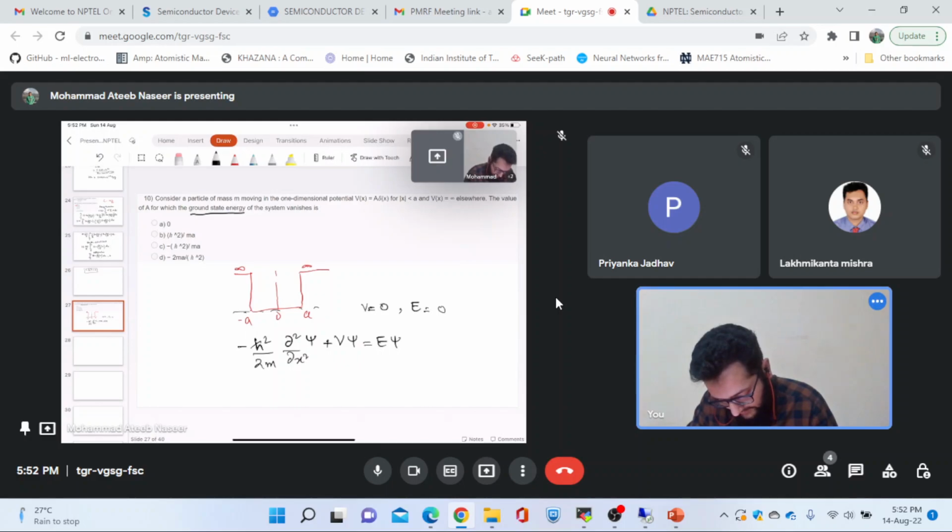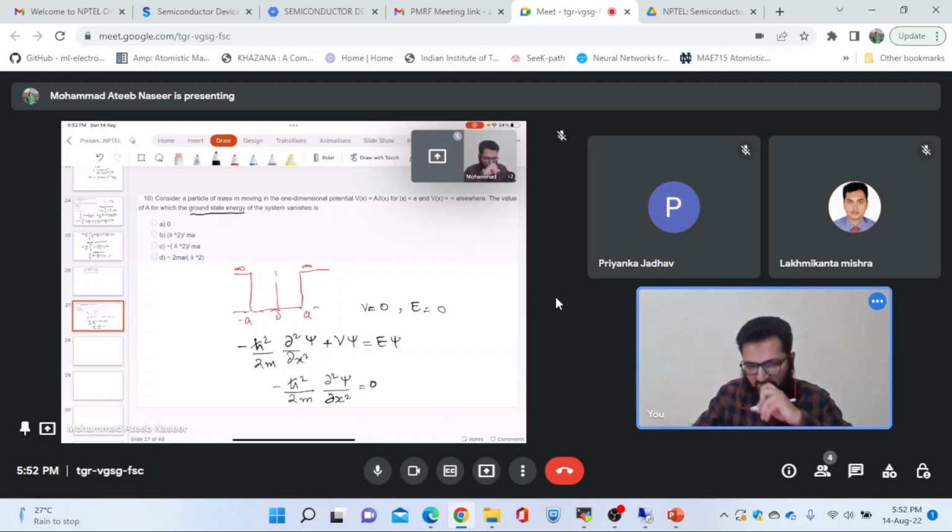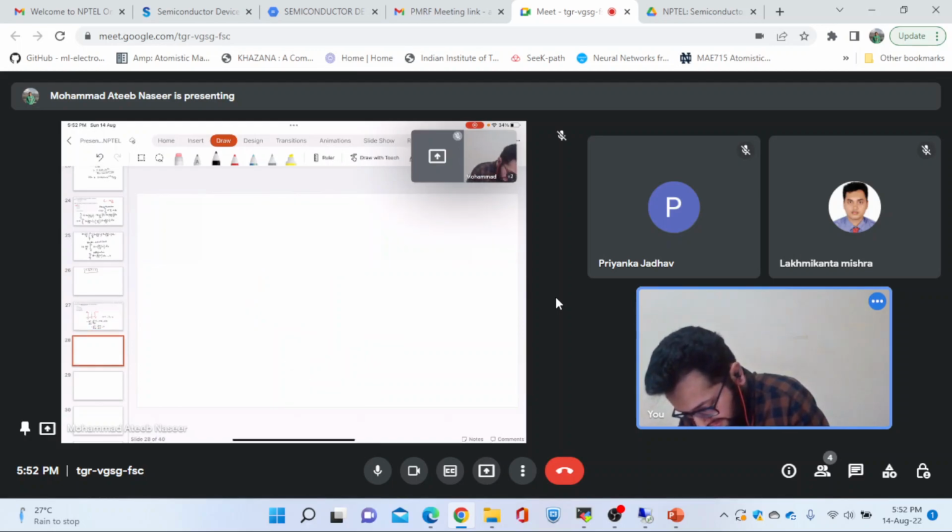So we are left with simply minus h bar square by 2m d square psi by dx square equal to 0. Now if I simply integrate it once, I will be left with d psi by dx.